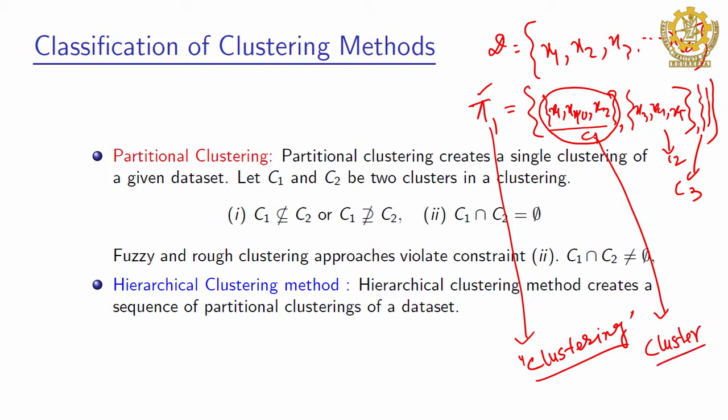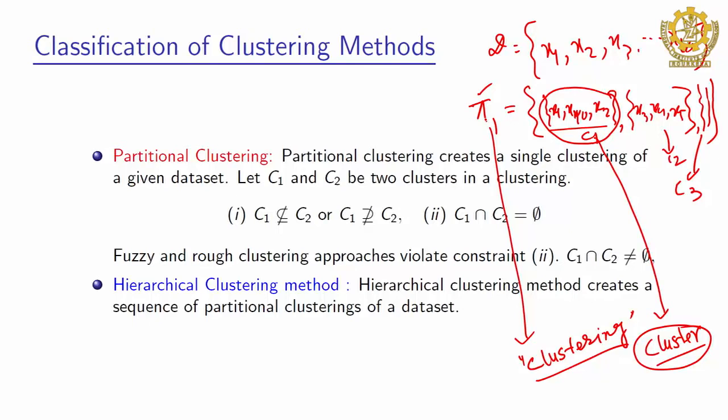Do not get confused. The entire result is called the clustering or partition, and this individual group is called the cluster, and the technique is also called the clustering techniques. So, two terms: cluster is a group of objects, clustering is the entire partition of the objects.